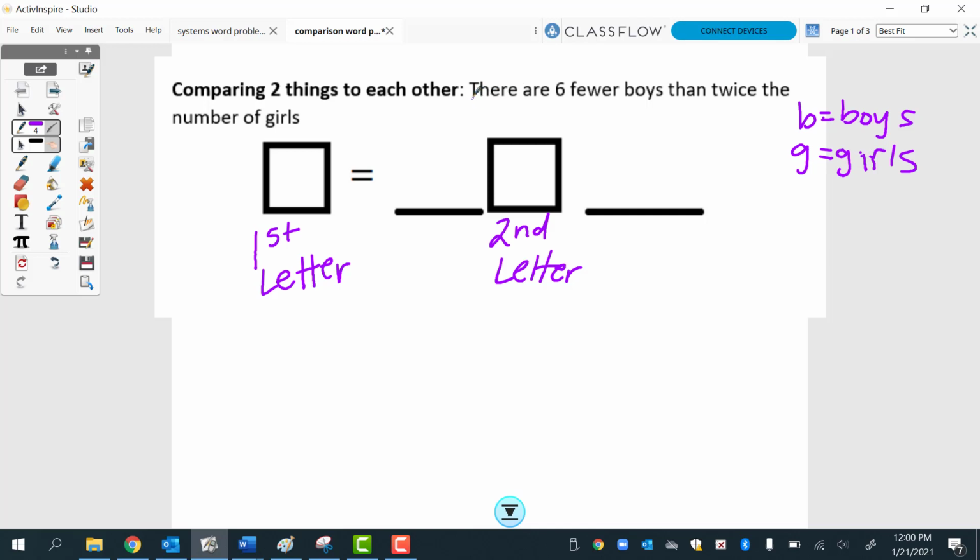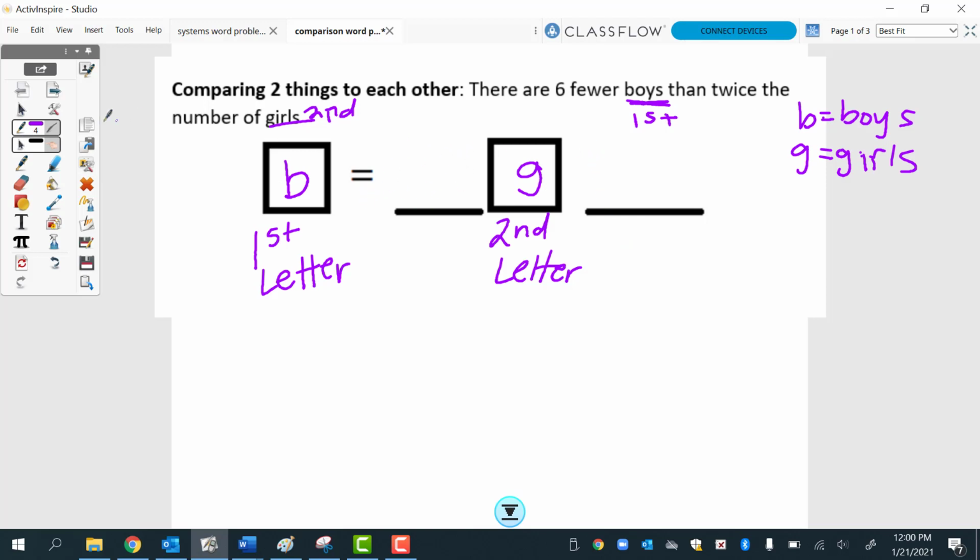There are 6 fewer boys. That's my first letter, because I read it first. Then twice the number of girls. That's second. So then I would put B by itself. B equals something, G something.